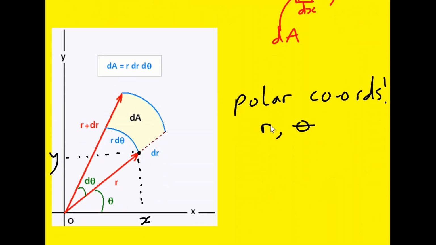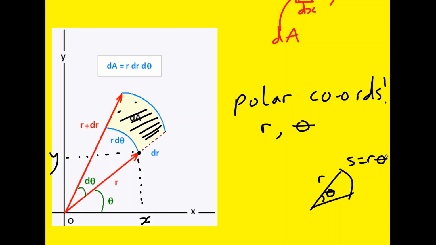I can actually get dA by thinking of an r and a theta, and then increasing my r to r plus dr, increasing my theta by d theta, and finding the value of this infinitesimal area. The arc length is going to be r d theta, just like the arc length working in radians, when you have theta and r, s equals r theta.